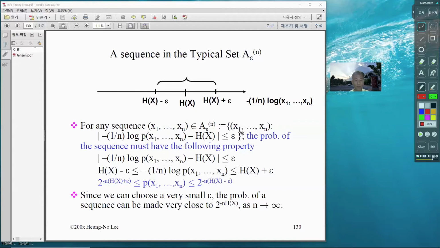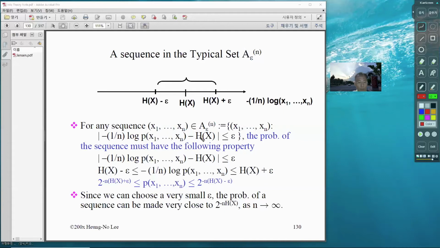So it is a collection of all x, a sequence of x that satisfies this given condition, which is parameterized by epsilon and n, okay?